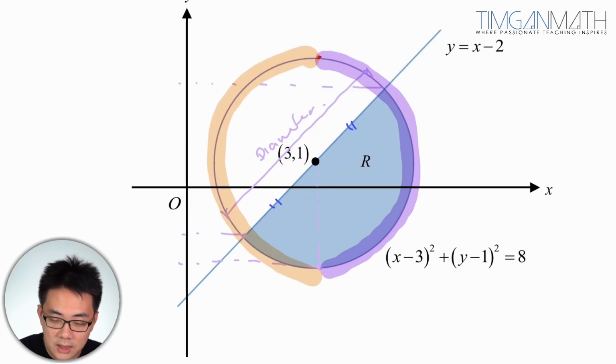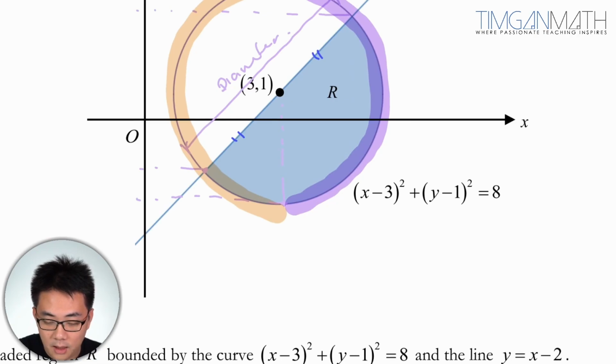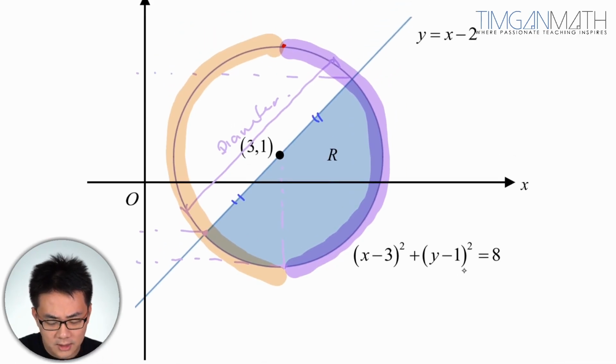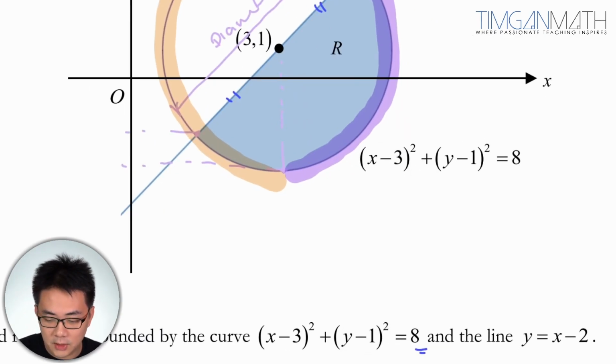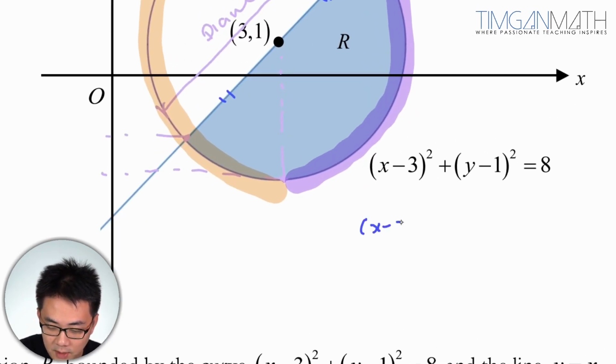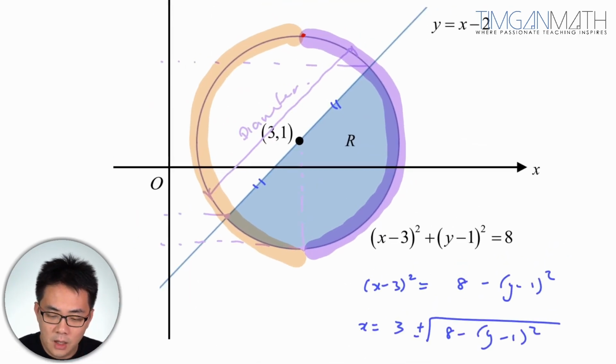Okay, so in this case, what we need to do is make x the subject in terms of y. Alright, make x the subject. So here, we have (x minus 3) squared equals 8 minus (y minus 1) squared. x equals 3 plus or minus the square root of 8 minus (y minus 1) squared. So this is in terms of x.